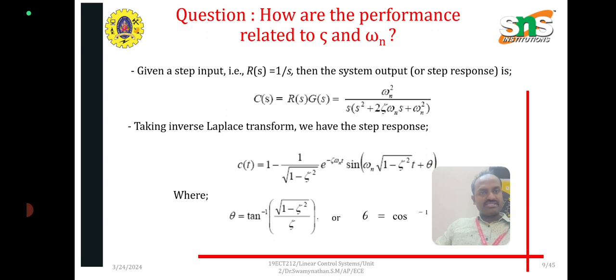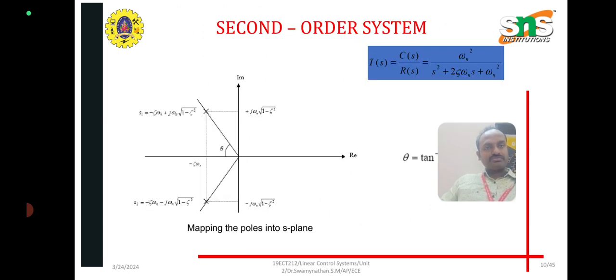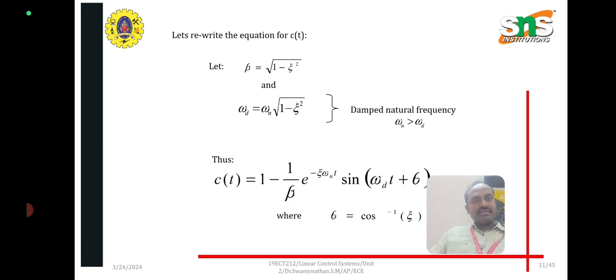C of s is equal to R of s into G of s. You can get the value of omega n squared in the s domain. To get C of t from C of s, we apply the inverse Laplace transform. Theta is equal to tan inverse of root of 1 minus zeta squared divided by zeta. Rewriting this, you can get beta and omega d.